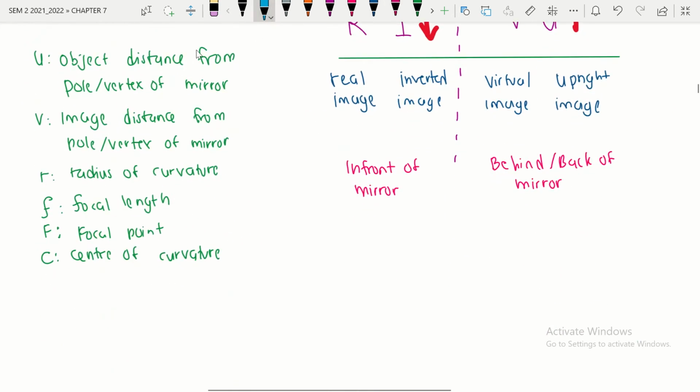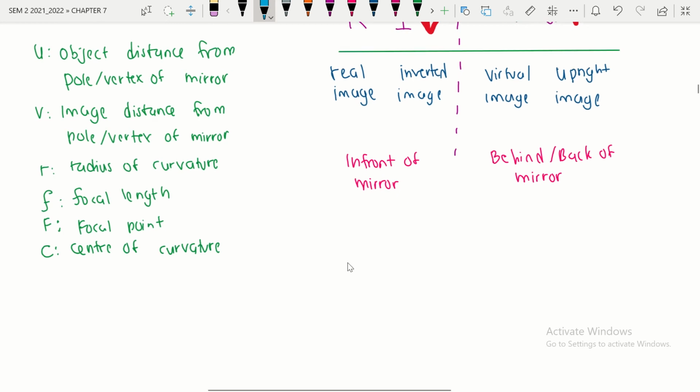Okay, the first one is U. The symbol U is object distance from pole or vertex of mirror, meaning, for example, you have a concave mirror here and you have the principal axis. Okay, ni concave mirror dan ni principal axis. So, vertex ataupun pole of mirror dekat sini. Okay, dan kita tahu kita akan ada C. C is our center of curvature.